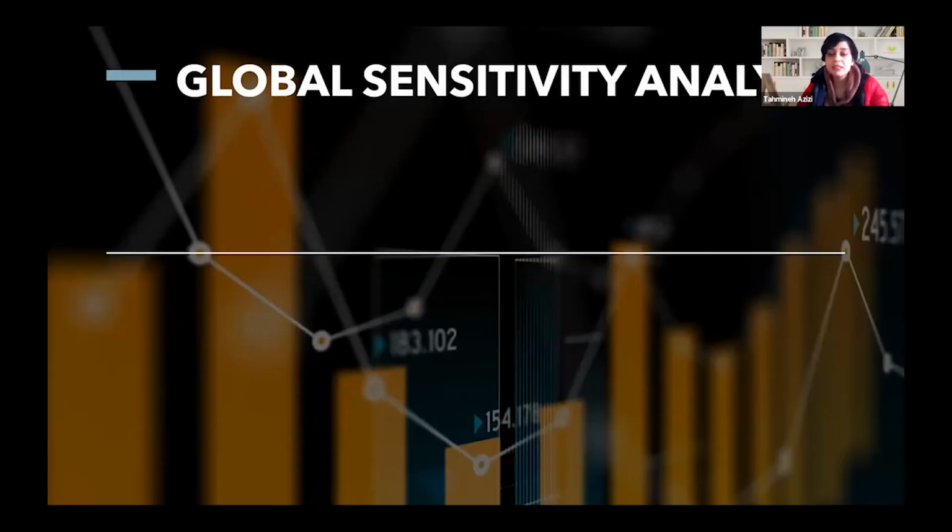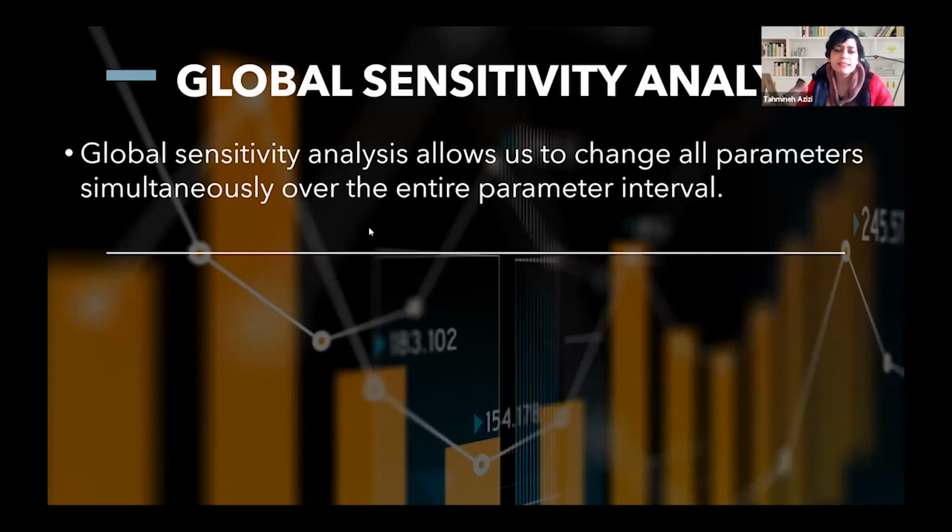There are many algorithms, but here I'm just going to apply one of them. In global sensitivity analysis, we change all of the parameters at the same time and over the entire range of the interval. If you apply only local sensitivity analysis, you are changing just one parameter, which is not realistic.